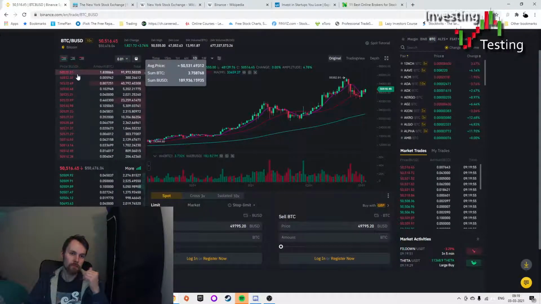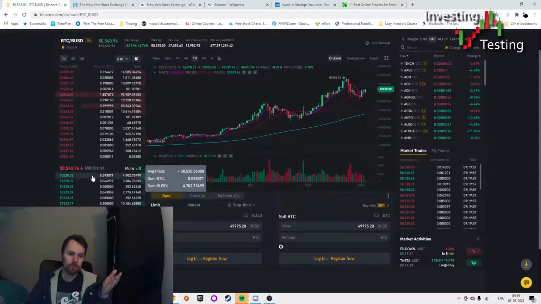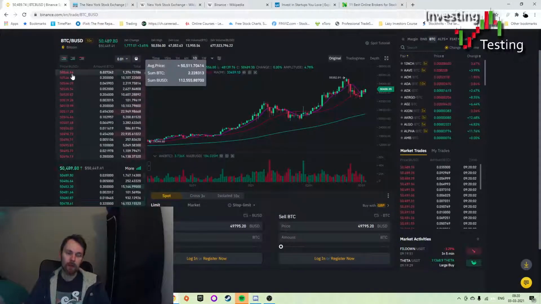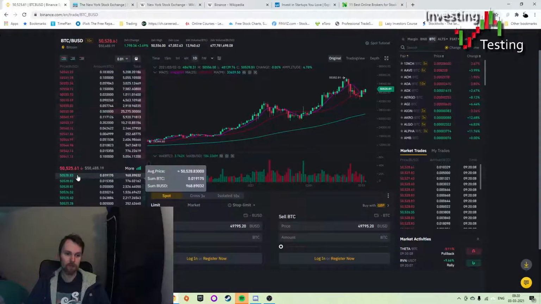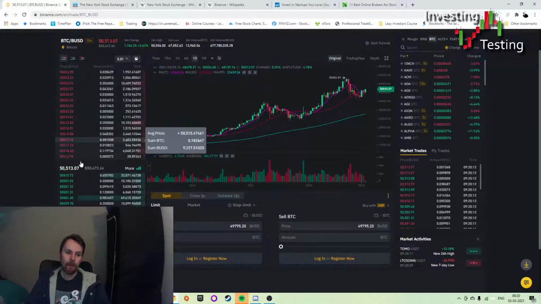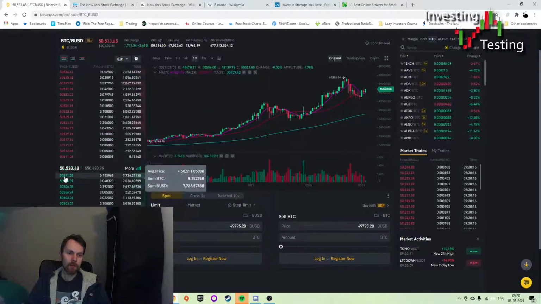That's done for a reason, to make sure that if you're wanting to buy something, you're buying it at the cheapest price possible, and if you wanted to sell something, you want to sell at the most expensive price possible, obviously. And you can see the overall value here is always going to be the one at the top.